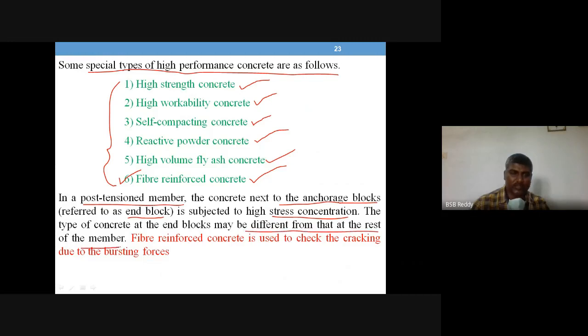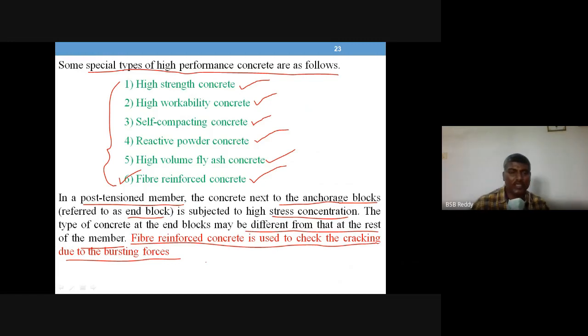Okay. So they are specially made. End blocks are to be specially casted. So fiber reinforced concrete is used to check the cracking due to the bursting forces. Those are tensile forces, called bursting forces.